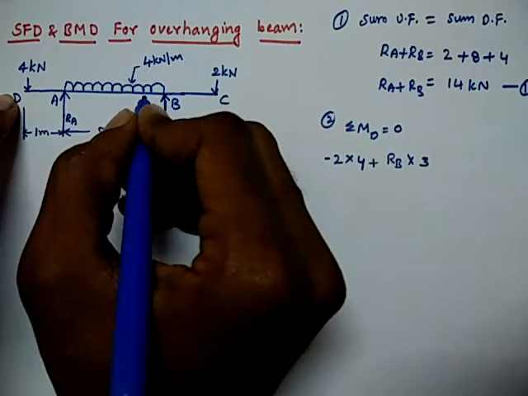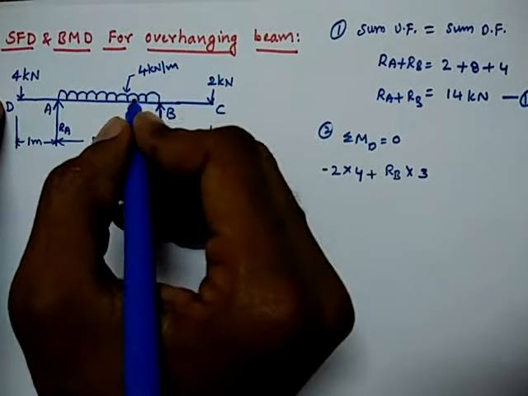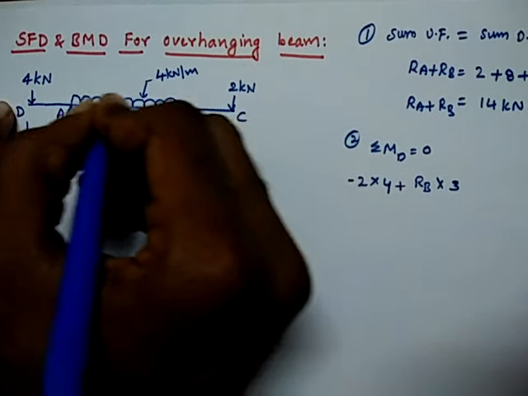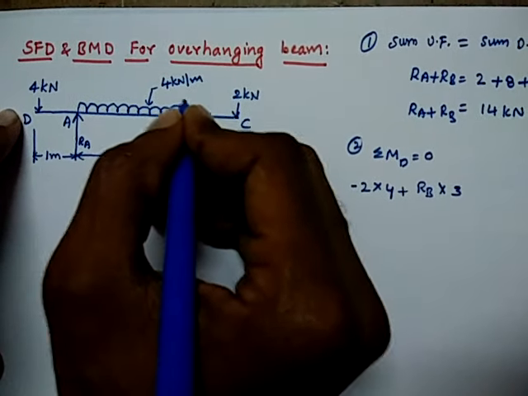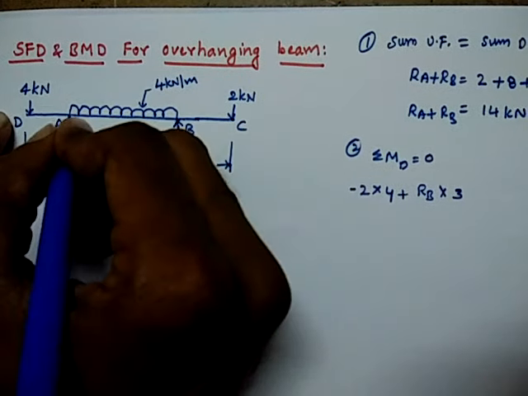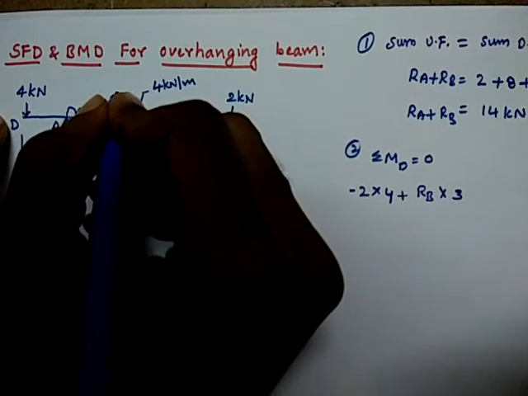Next, to get the moment because of this UDL about D, just replace the UDL with a point load. The total value of the UDL is 4 into 2, which is 8, and we place it at the center. Why? Because the effect of the UDL passes to the center of gravity, or the center of this span. It is 2 meters, so the center will be at 1.